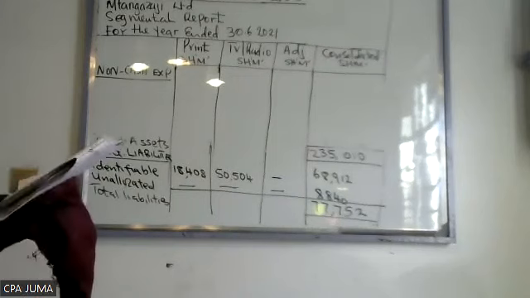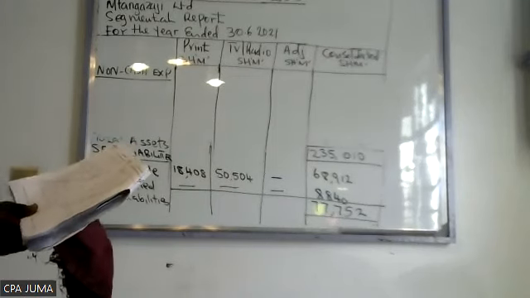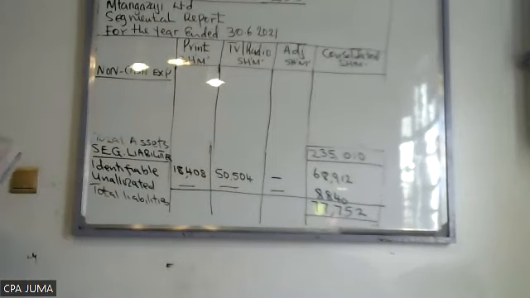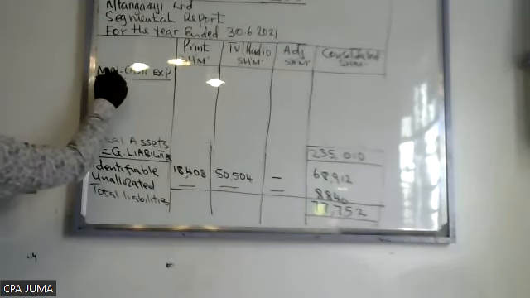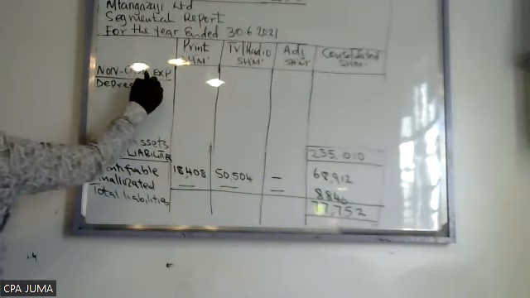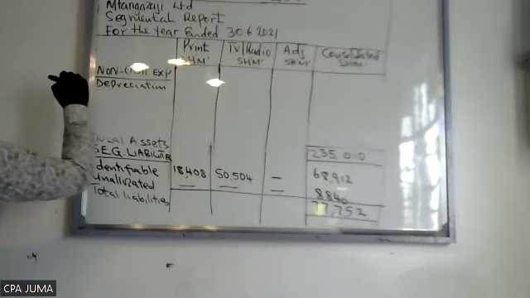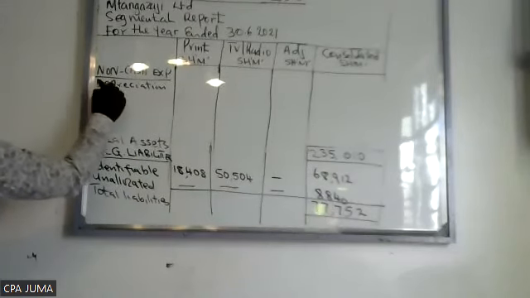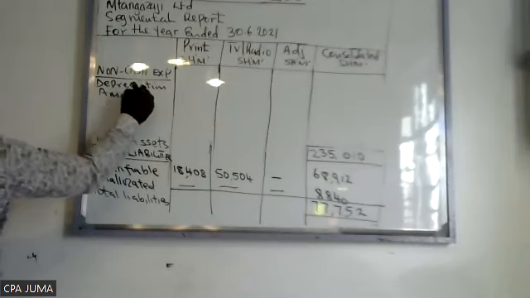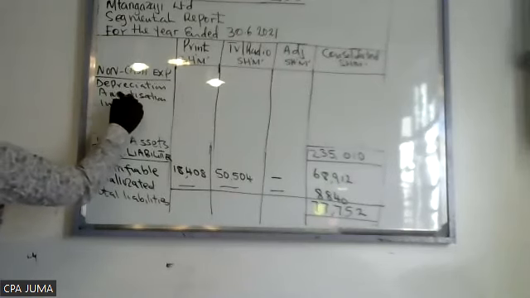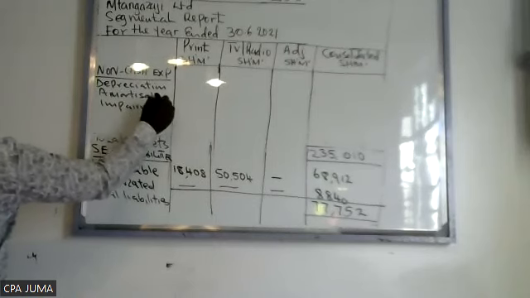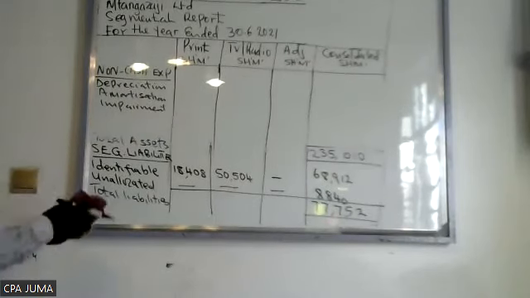There was depreciation, amortization, and impairment. Those three. So there was depreciation, amortization, and impairment. Yeah, like that.